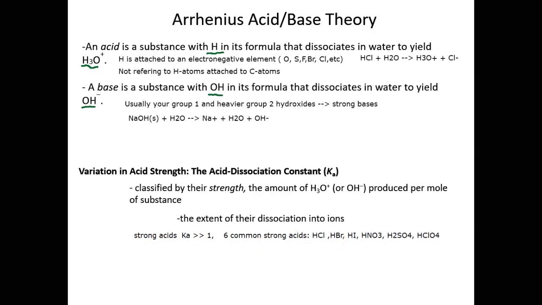Now weak acids have a Ka less than 1. And the smaller the Ka, the weaker the acid.